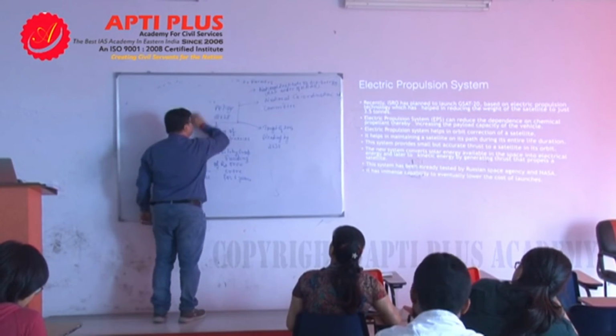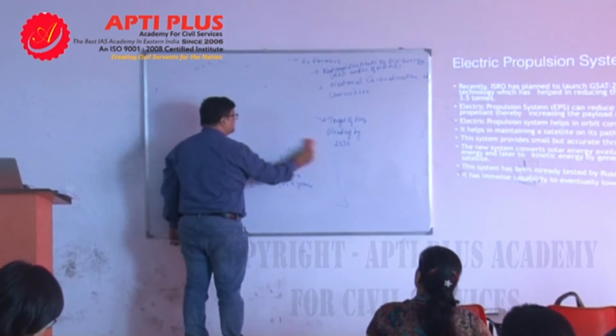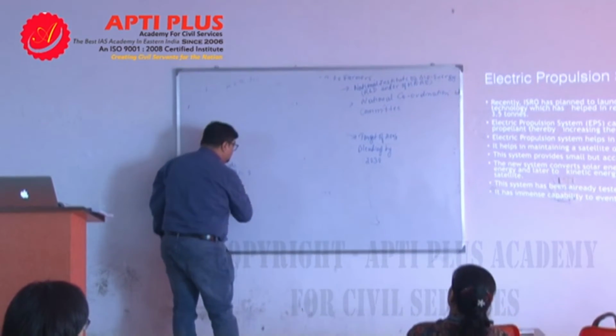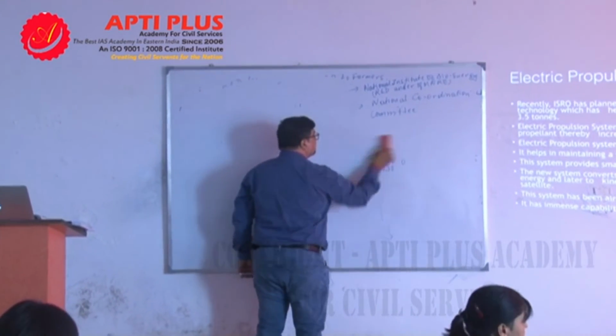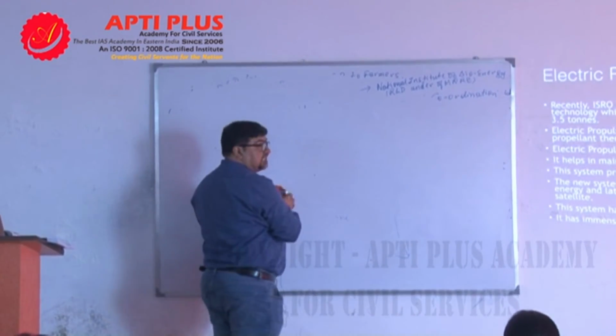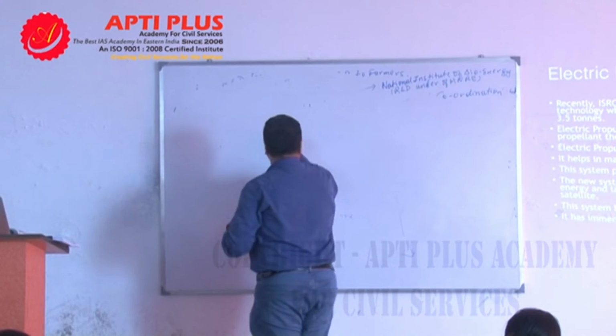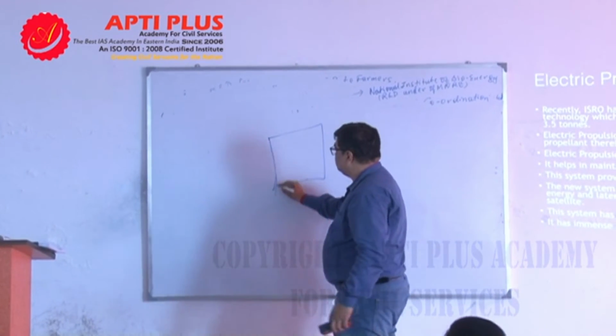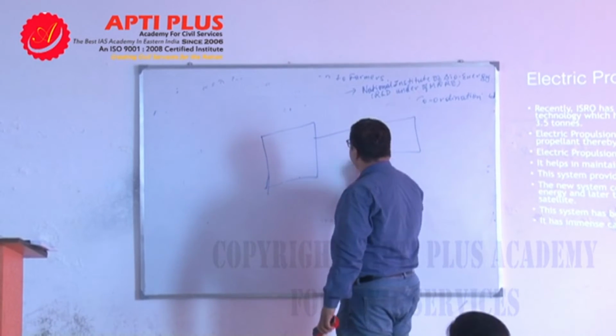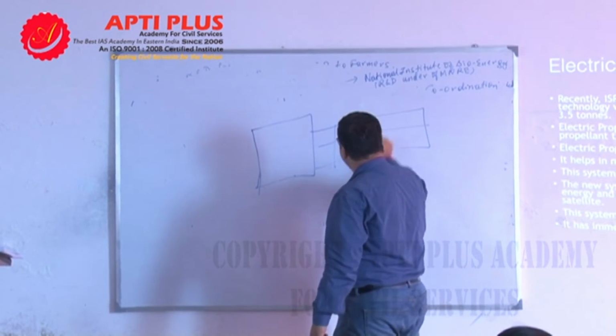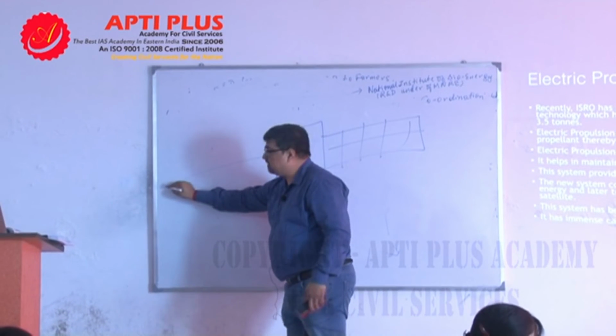See, when you say satellite, let's take any satellite, whether GSAT or Cartosat or any kind of satellite, you will find that the satellite system will have two solar panels. You have seen the satellite flanked by two solar panels, right?